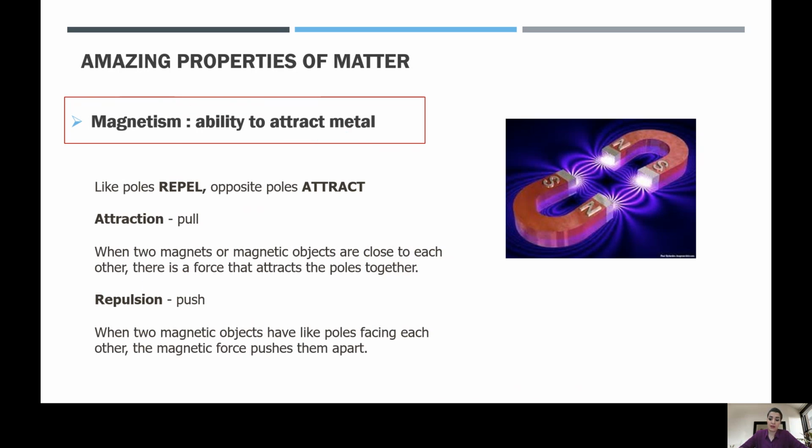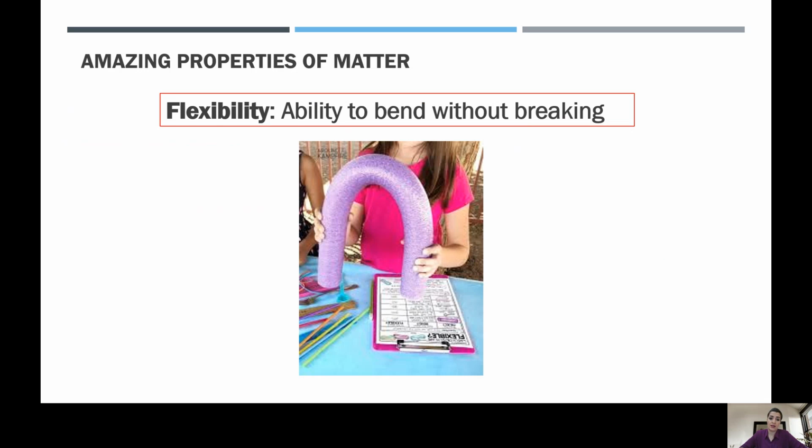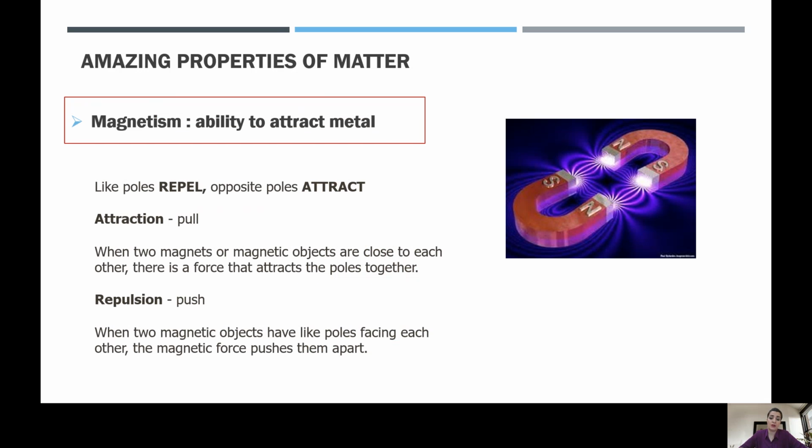Again, wood does not have this property, but all types of metal do, including the magnetic things or toys that you put on your fridge. If it contains a magnet, it will attach to your fridge because your fridge is made of metal. I hope this is clear now.